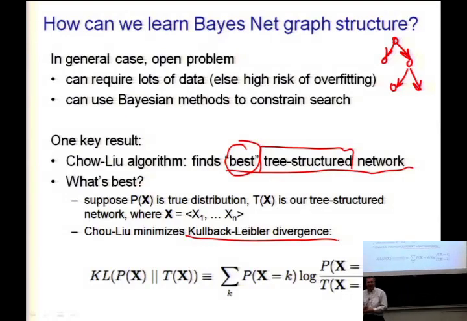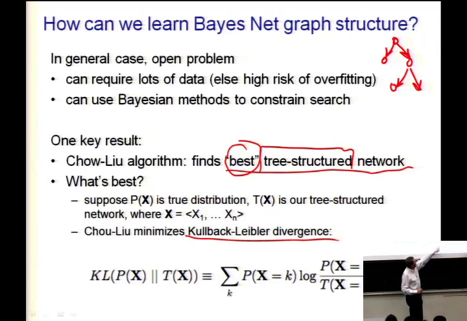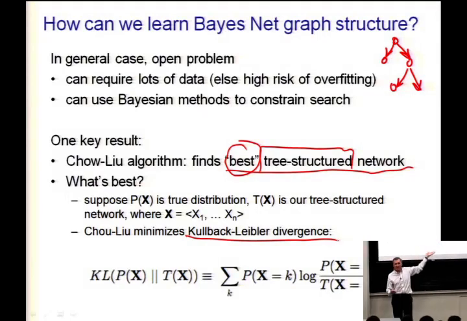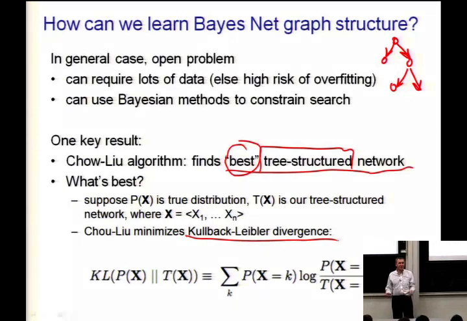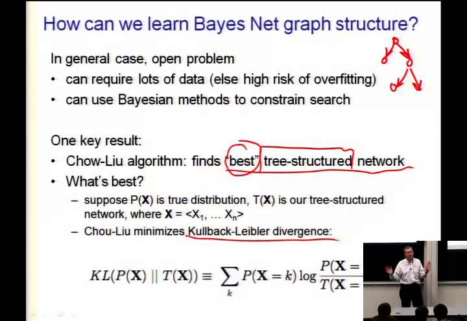Okay. And of course, if our tree nails it, if the tree actually learns P of X correctly, this ratio will be 1, the log of that will be 0, the distance will be 0. Okay, otherwise it'll be positive.